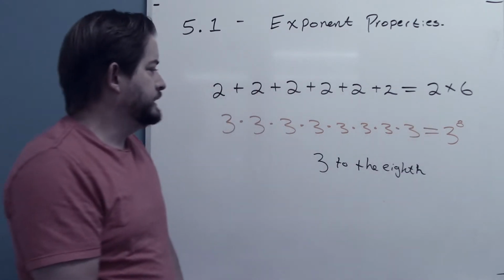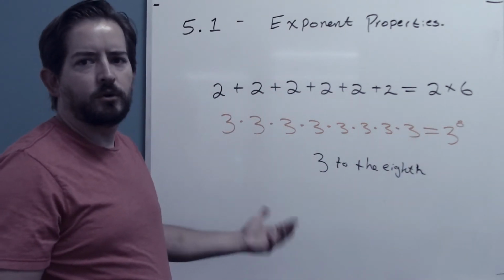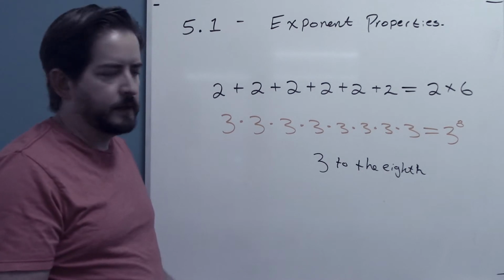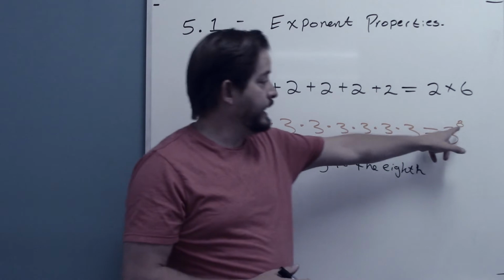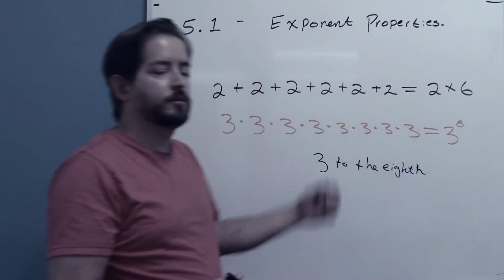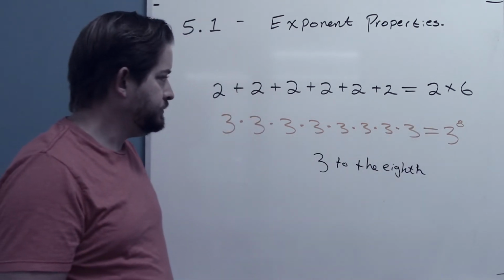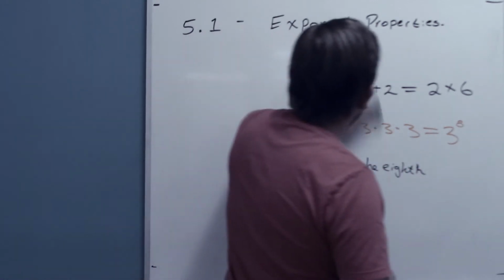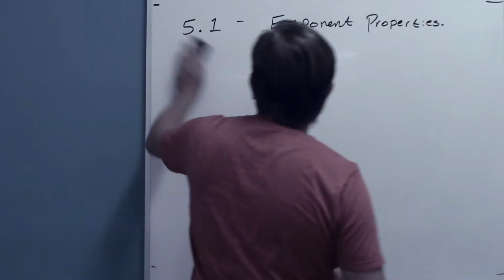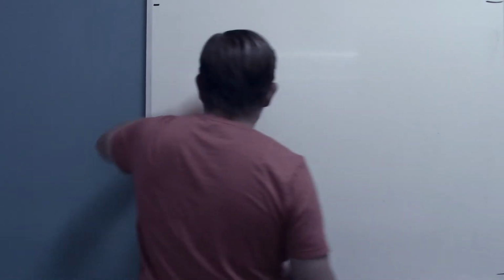Right? It's either read as 3 to the 8th power or simply as just 3 to the 8th, right? But that really means that I have 8 factors of 3 being multiplied together, right? So we can kind of go both ways with this notation.